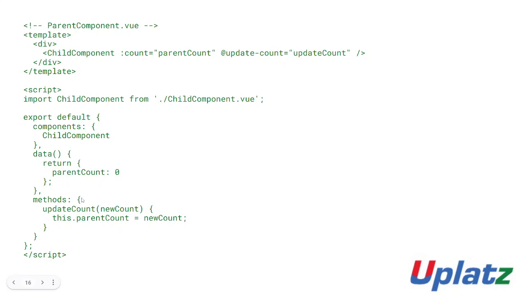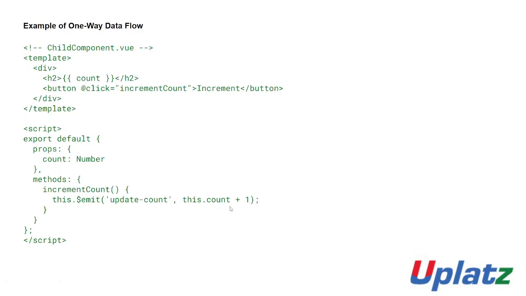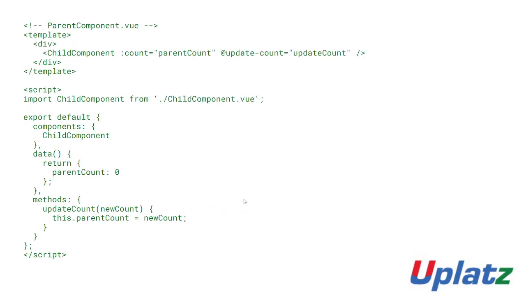It has some objects or functions. Update count, new count. What is the value of the new count? This data value is the new count. This count plus 1. This value is the new count, and this dot parent count is equal to new count.